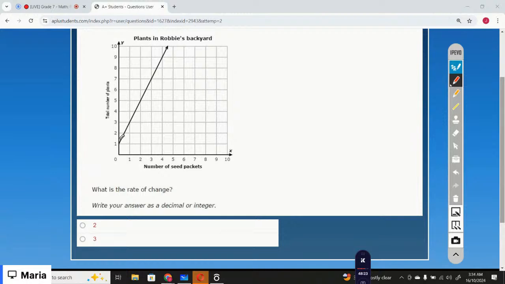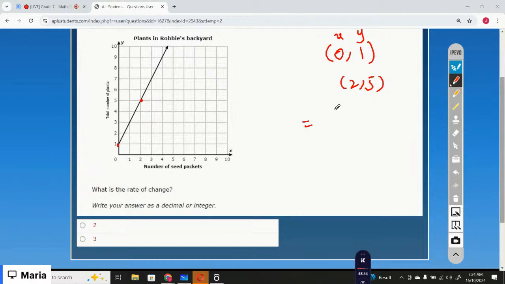So just select any 2 points on the graph. Here is the first one and here is the second one. You can select any of them, right? So x is 0, y is 1 for this one, x is 2, y is 5. So these are the x coordinates, these are the y.